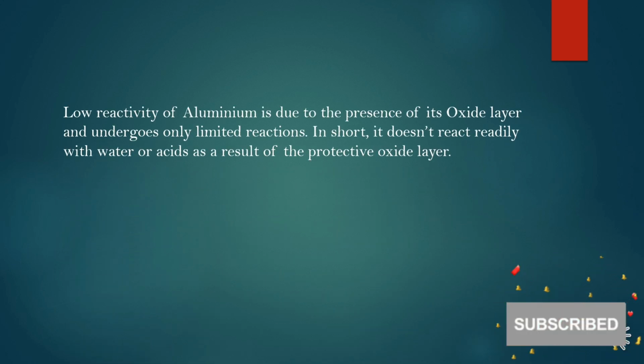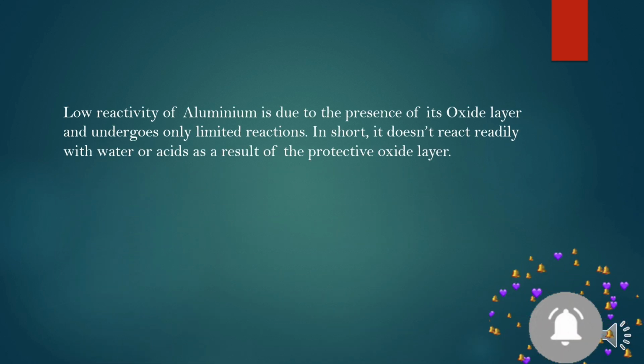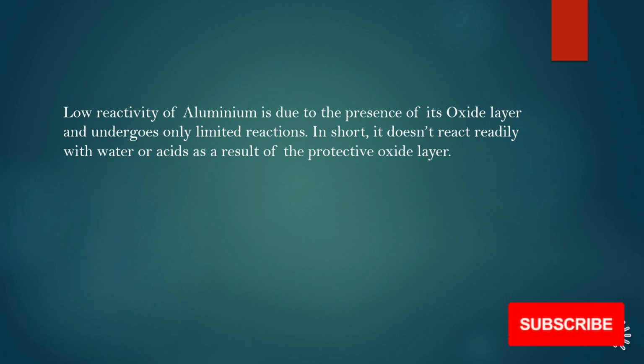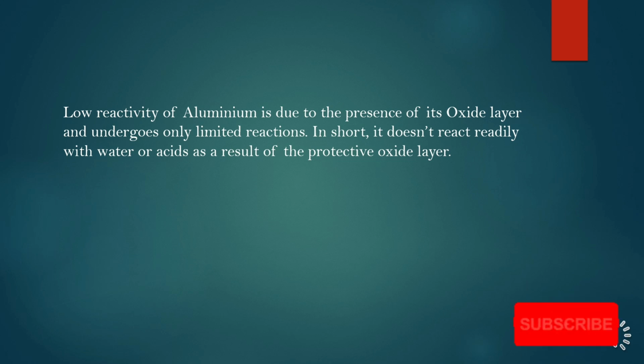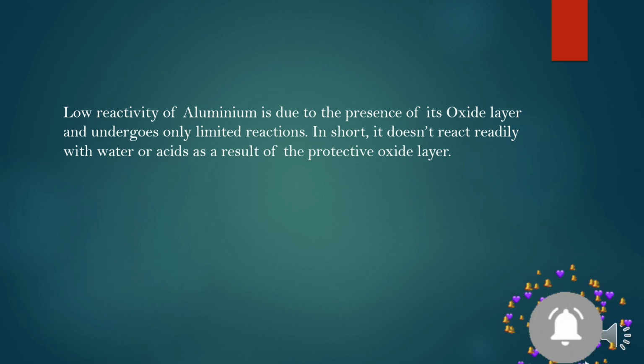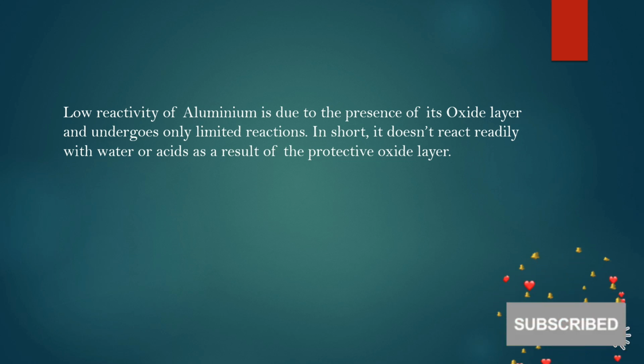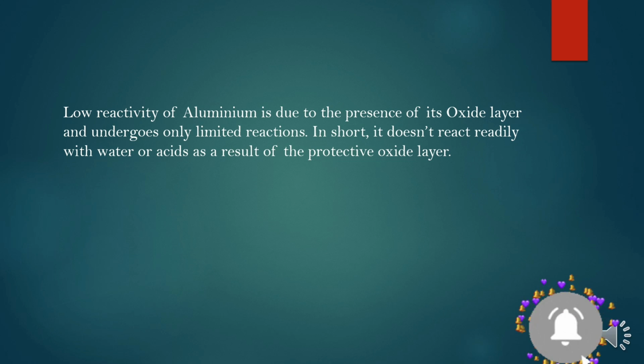Even though aluminium is among the reactive metals, when it is exposed to air, it forms a protective oxide layer which limits its reactivity. Hence, aluminium is said to be less reactive due to the presence of its oxide layer.